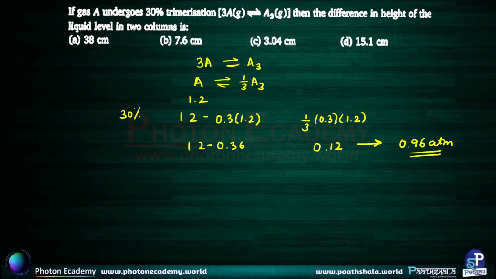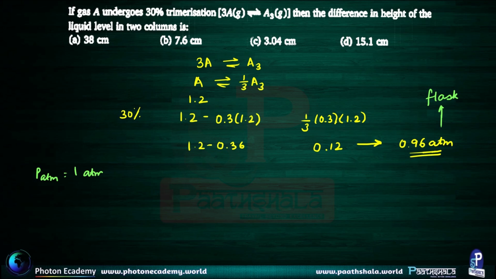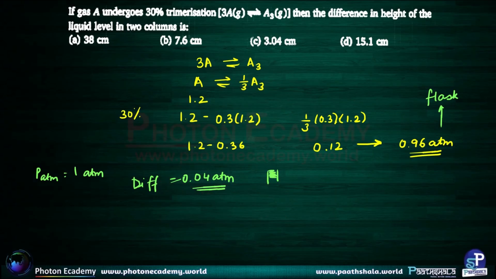Now 0.96 atm is the pressure inside the flask, and the pressure of the atmosphere is 1 atm. So the difference is 0.04 atm, and this difference will be catered by that height in the manometer, that is the height of the liquid risen.